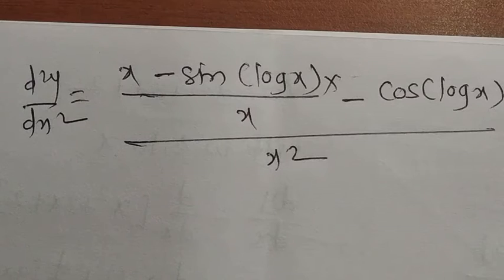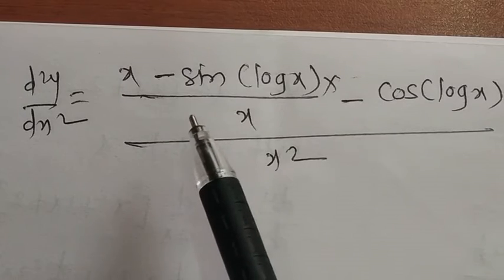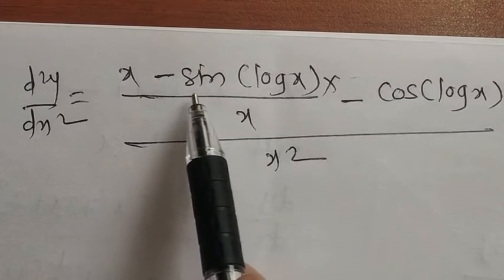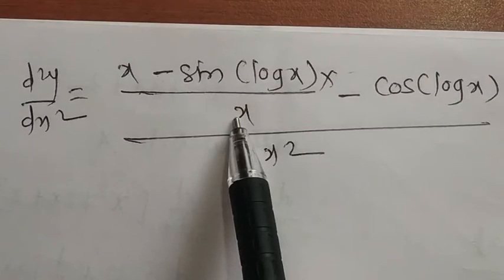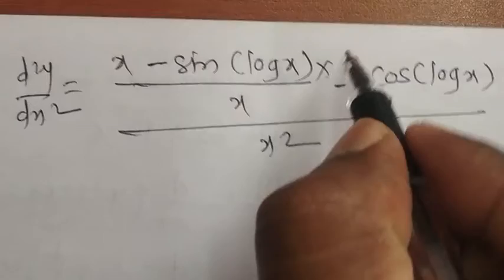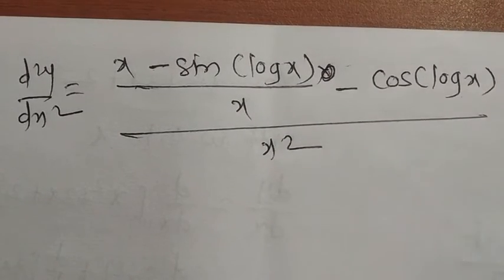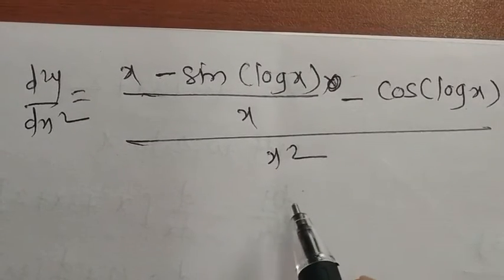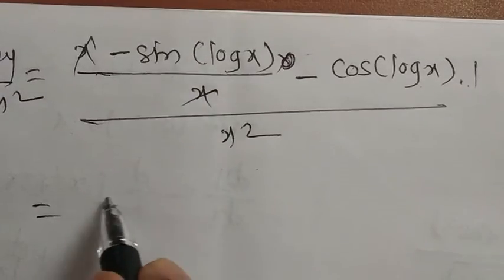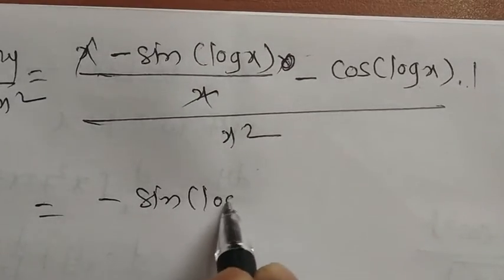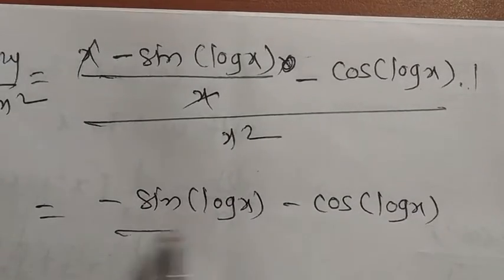Now we can solve. So d2y by dx square equals the derivative of cos of log of x, minus sin of log of x, and the derivative of log of x, 1 by x, minus cos of log of x times the derivative of x, which is 1. We can write 1 upon the denominator, x square. That equals, x gets cancelled, minus sin log of x minus cos log of x upon x square.